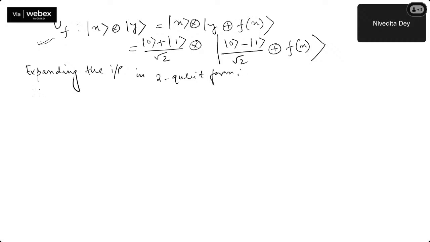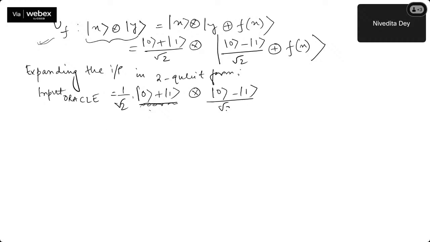it means what? Basically, the input to the Oracle is nothing but 1 by root 2 (ket 0 plus ket 1) product (ket 0 minus ket 1) by root 2, which is nothing but half, then 00 plus 10 minus 01 minus 11.